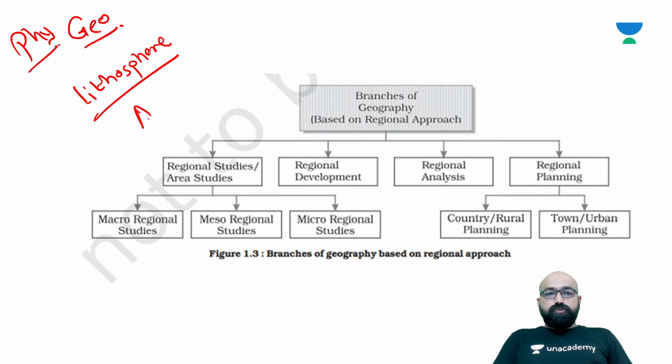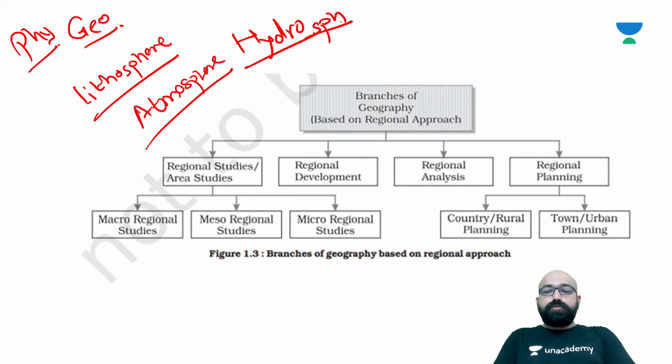Then atmosphere, its composition, structure, elements, and controls of weather and climate: temperature, pressure, winds, precipitation, climatic types, etc. Now, there is a study of hydrosphere, that is oceans, water, lakes, seas.